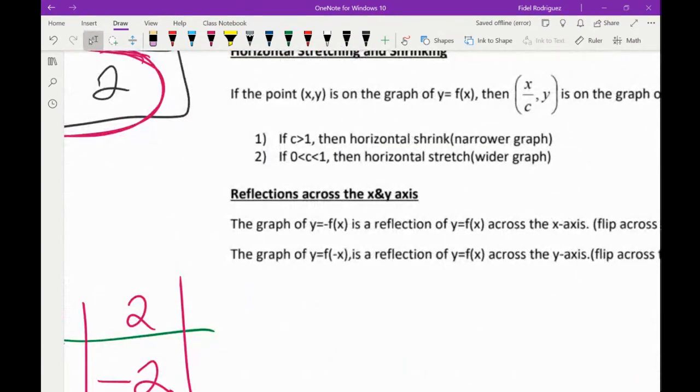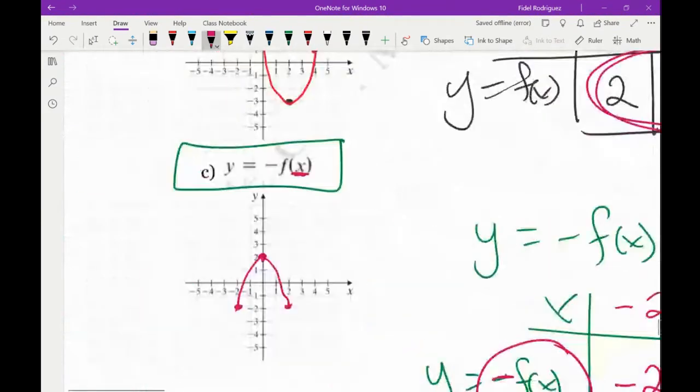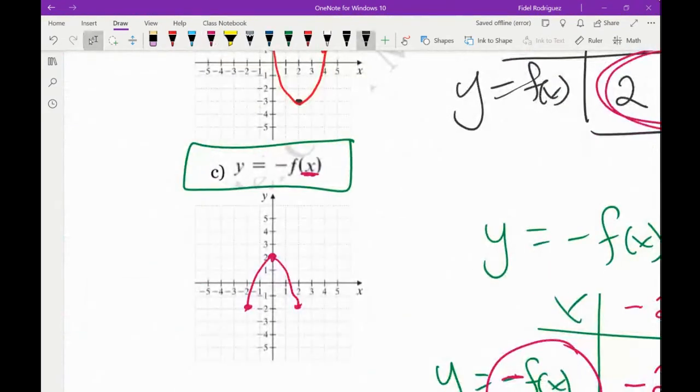When we had the negative in front of it, we said that was a reflection across the x-axis. So what does that mean we did? We thought about, like, if you could put pins right here, and then all we're doing is flipping it like that, right? And that's what we mean about the x-axis. Remember, the horizontal one is the x-axis. So all we did is we just flipped it that way, okay?